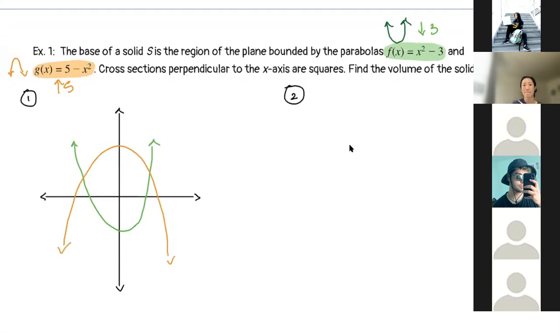And we know that this point up here is (0, 5), and that this point down here is (0, -3). Okay. So we've drawn a sketch of our diagram, but what would be really helpful is if we could figure out the intersection points. And so in particular, what is the coordinate here and what is the coordinate here? Okay, so based on Monday, how do we do that? How do we find that intersection point?